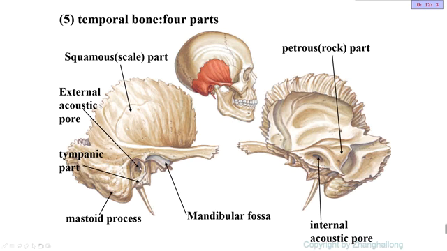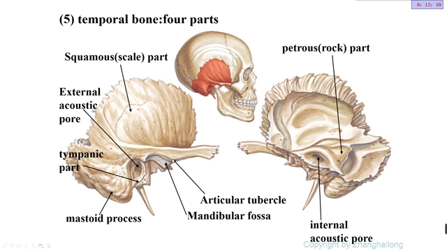And in front of the external acoustic pore there is a fossa. This fossa is the mandibular fossa. Mandibular means connected with the mandible. Here is the mandible. Here is the head of the mandible, which connects with the mandibular fossa on the temporal bone. They form the temporomandibular joint. It's our jaw joint, which helps us to move our jaw. And here is a tubercle. Tubercle means a small, mini process of the bone.